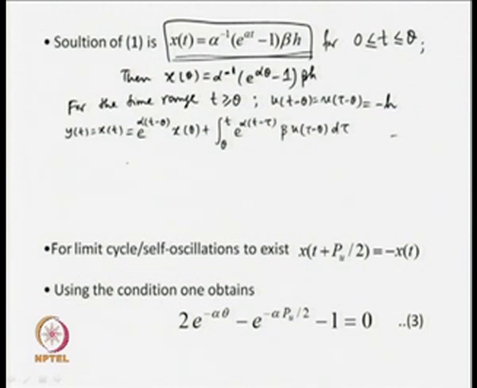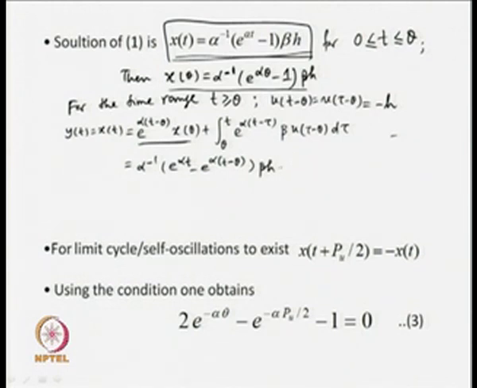Then substitution of x(theta) in the above results in alpha inverse (e to the power alpha t minus e to the power alpha (t minus theta)) beta h. This is what we get from the simplification of the first term by substitution of x(theta), where x(theta) is given as alpha inverse (e to the power alpha theta minus 1) beta h.